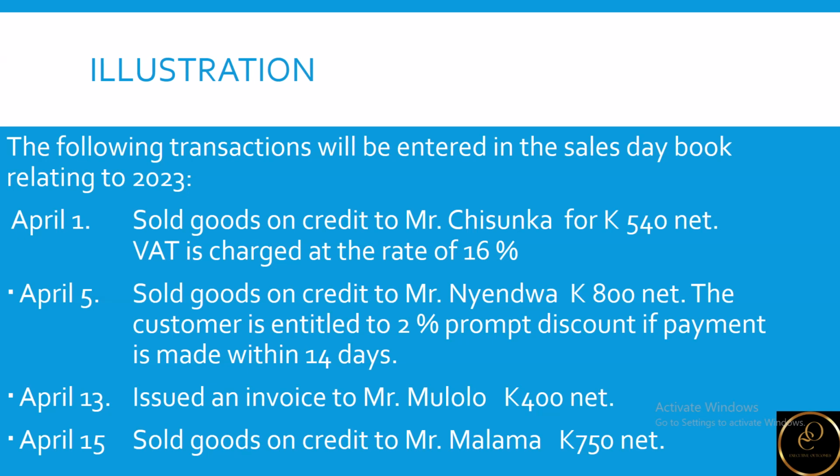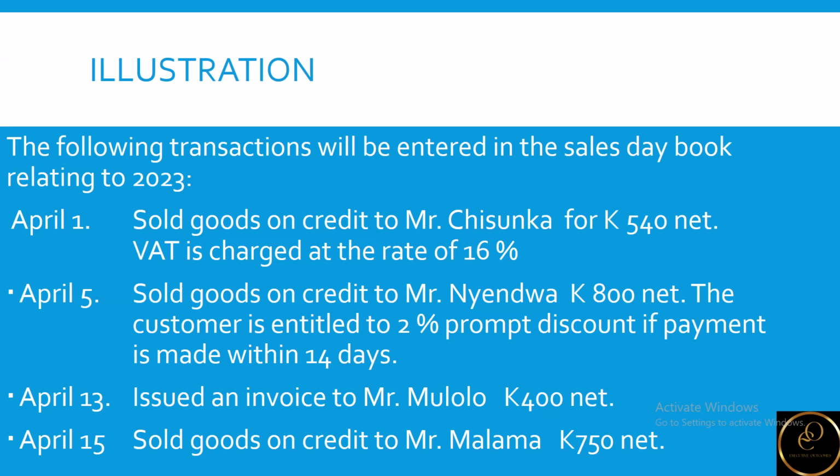VAT is charged at the rate of 16%. On 5th April, sold goods on credit to Mr. Nyendwa, 800 kwacha net. The customer is entitled to 2% prompt discount if payment is made within 14 days. So in this case, we have a cash discount being offered.